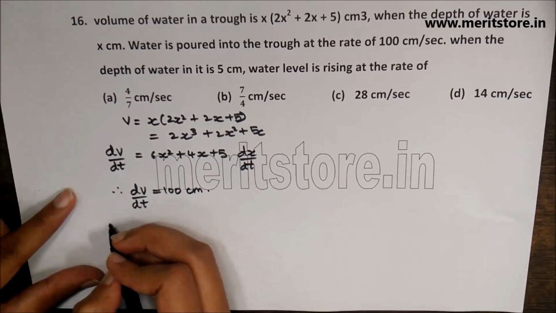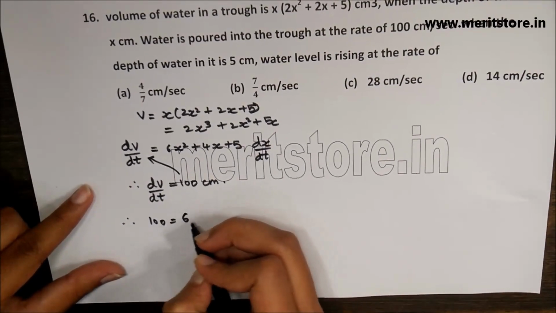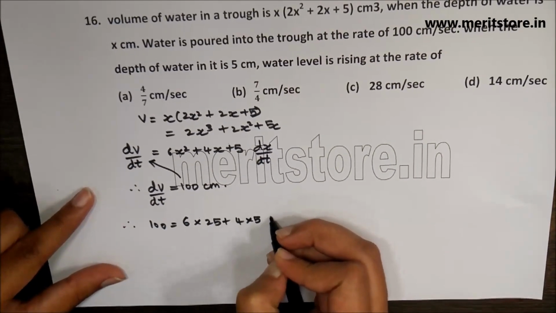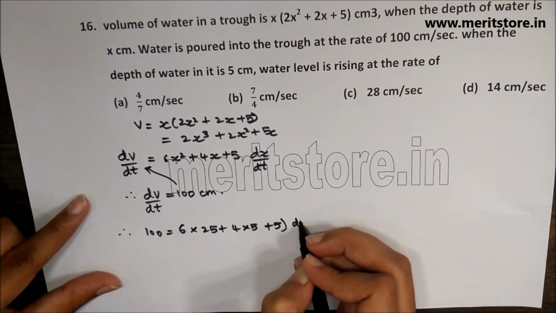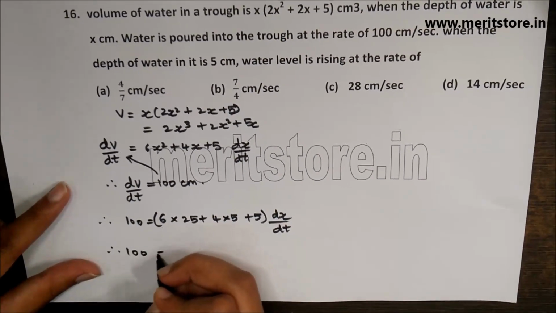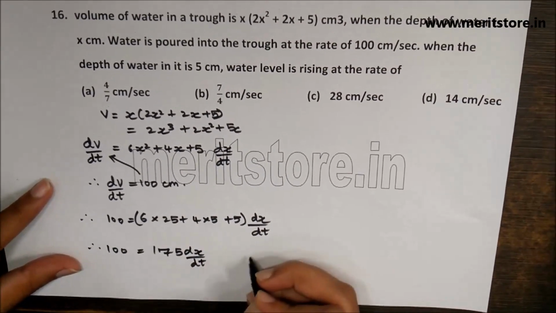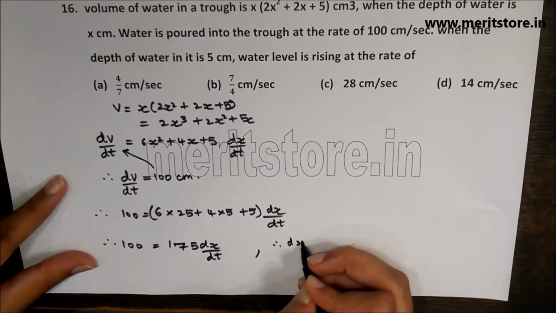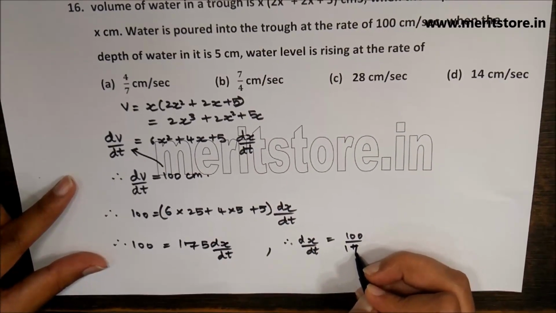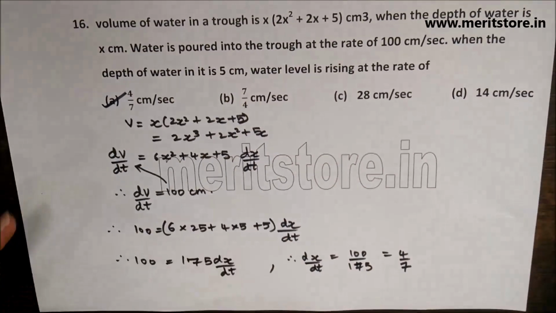We can substitute this value of dv by dt here. 100 is equal to 6 into 25 plus 4 into 5 plus 5 times dx by dt. Therefore 100 is equal to 175 dx by dt. Therefore dx by dt is equal to 100 upon 175, which we get as 4 by 7. Option A is the correct option.